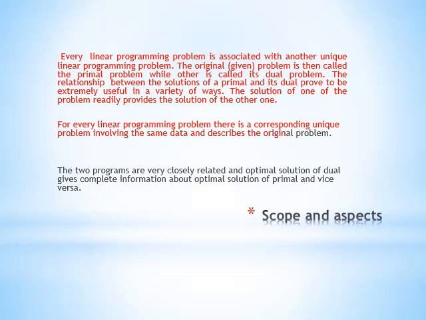So the dual problem is about how to minimize cost, while the primal one was about how to maximize profit. Our challenge is to find the common factors between these two solutions.